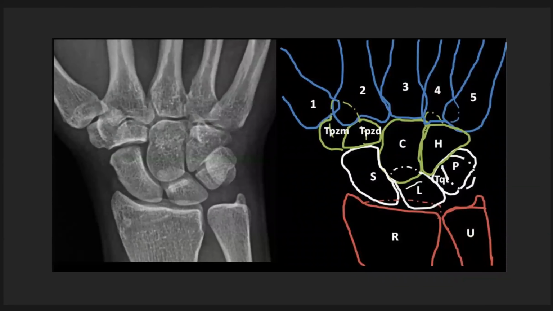Before we start our lecture, let us see some normal anatomy.